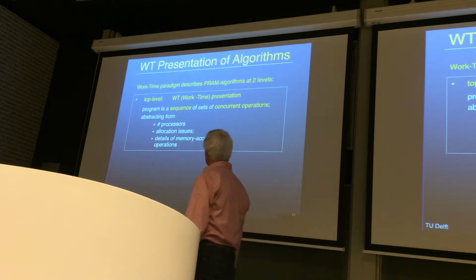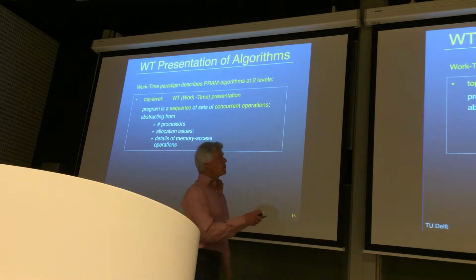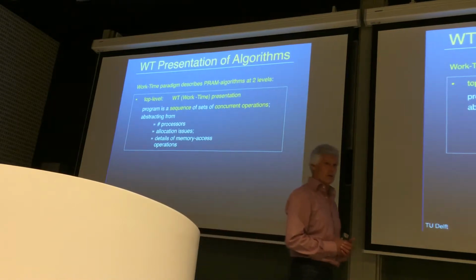At the top level, we have a so-called work-time presentation of an algorithm, where you have a specification of an algorithm in terms of a program that consists of a linearly ordered sequence of concurrent operations. Okay?